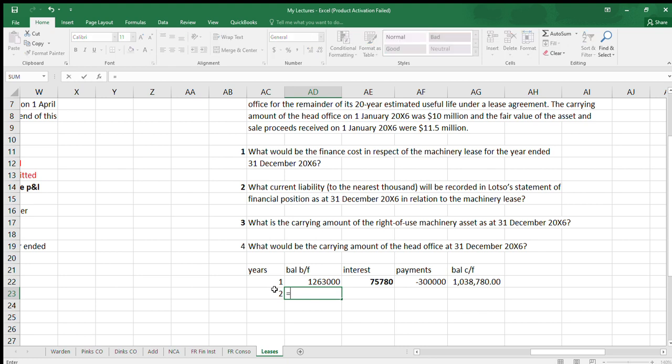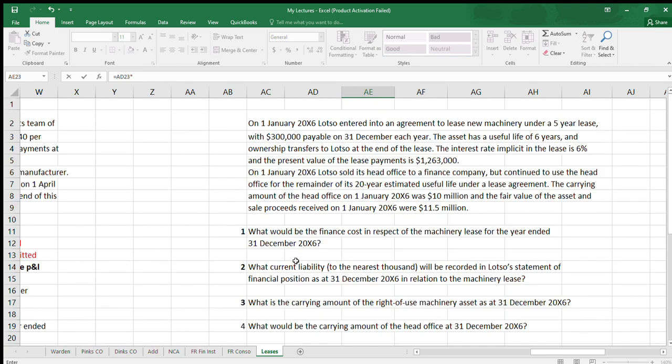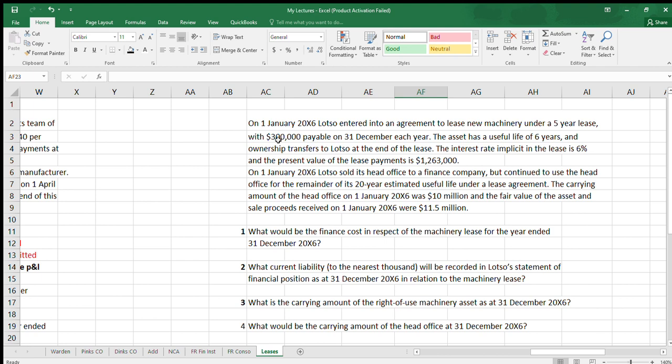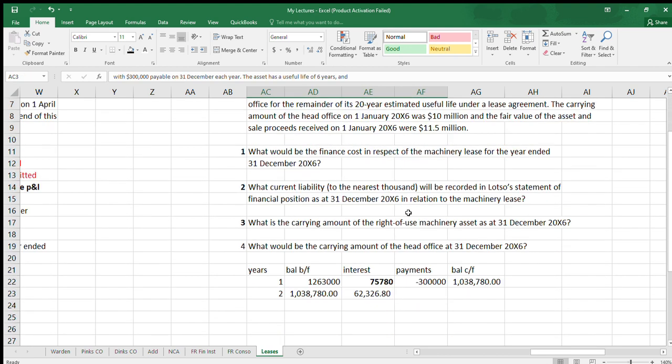So your balance brought forward figure is your balance carry forward figure over here, and your interest is this figure multiplying the implicit interest rate as above, that's 6%. And the payment is constant. Why? Because 300,000 is payable on 31st December each year, and it is for 5 years, so negative 300,000. So you do your math.